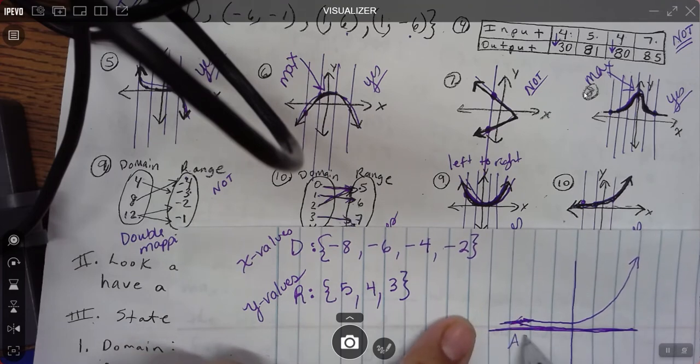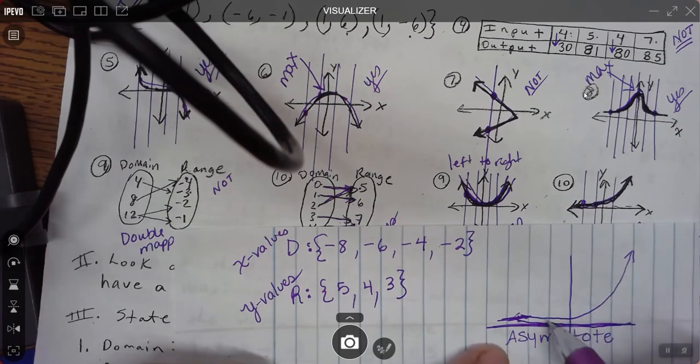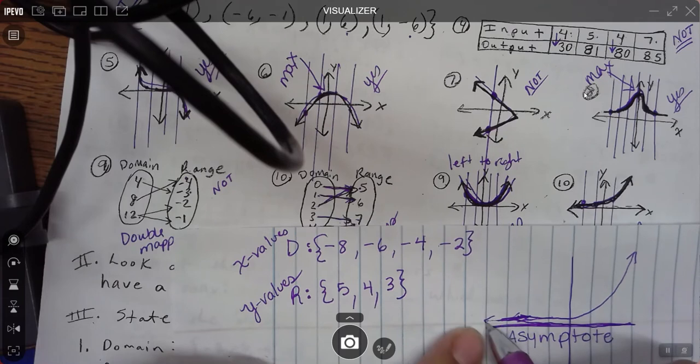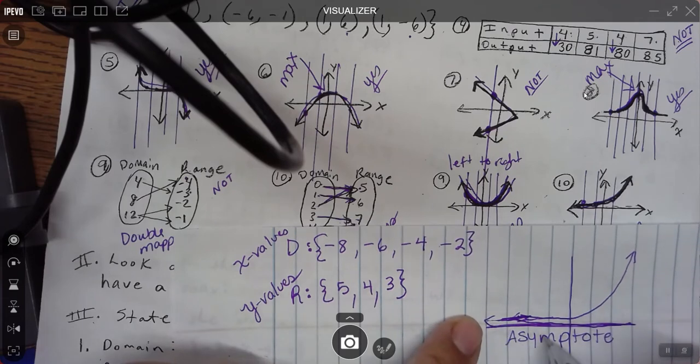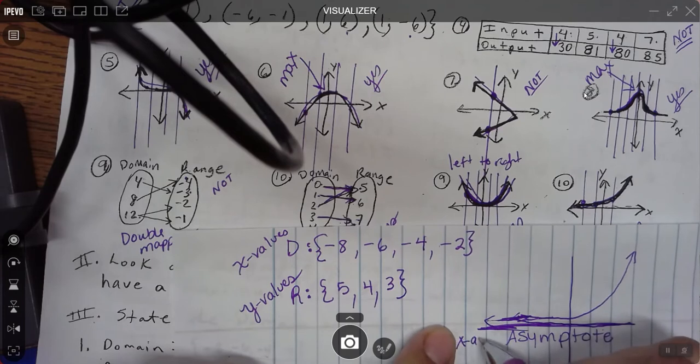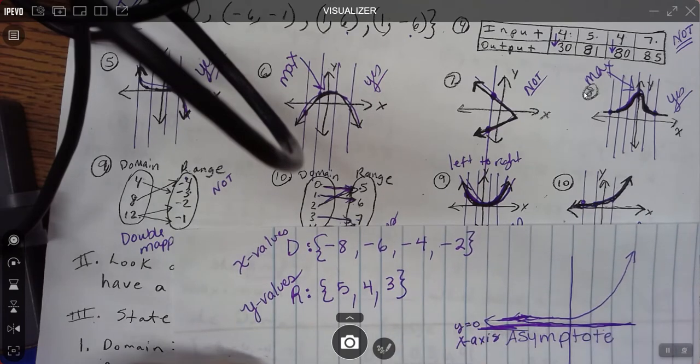So this is acting like an asymptote. And we mentioned this in class. It's also in the notes and in the videos, okay? It's going to forever approach it, but it'll never cross. The y value will forever approach the x-axis. And what is the y value of the x-axis? Y equals 0.